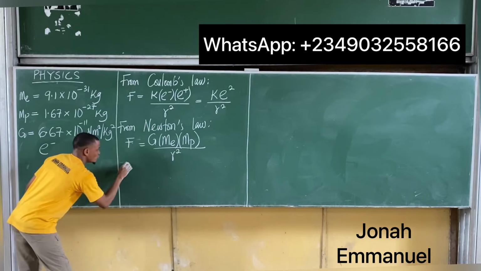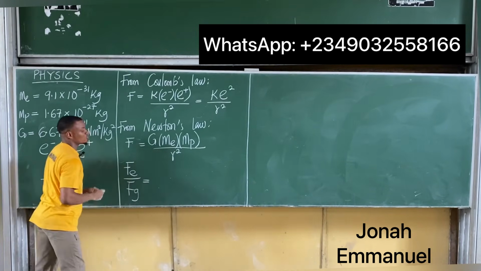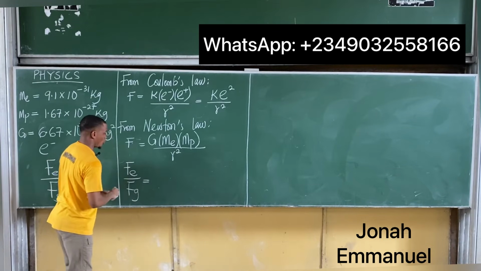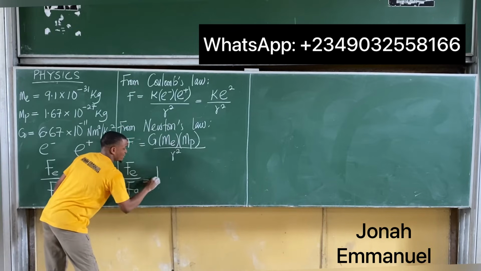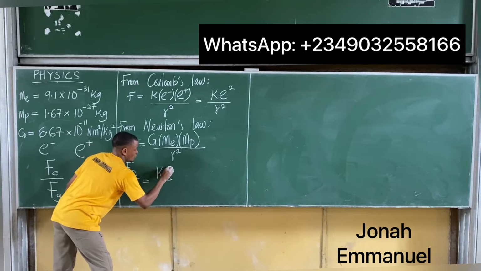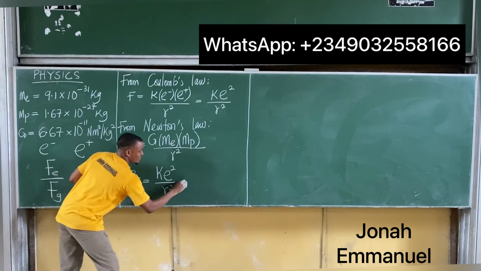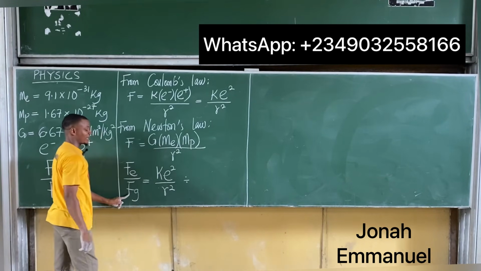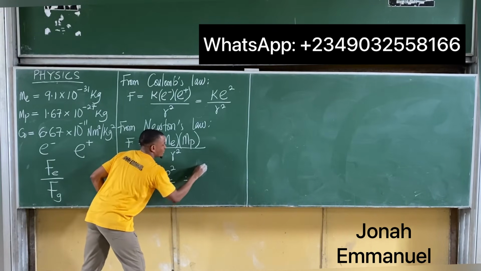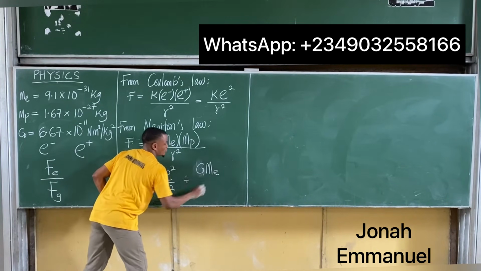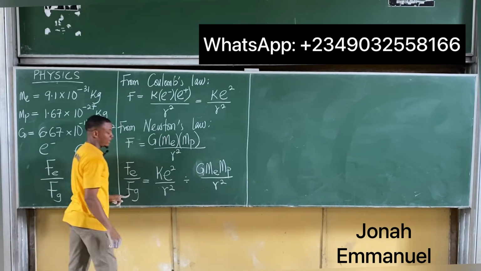So hence, if I do Fe all over Fg, in the very simplest form, it becomes electrostatic force, which is Ke squared over R squared, divided by Fg, which is G, mass of electron, mass of proton, all over R squared. Work this out.